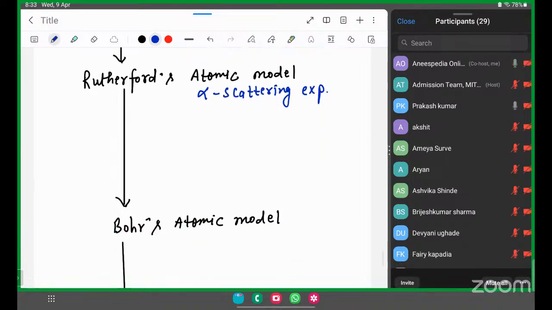What are the key points in Rutherford's atomic model? In alpha scattering experiment, he discovered that there is a central part of an atom or of any atom which is solid, rigid, and dense.